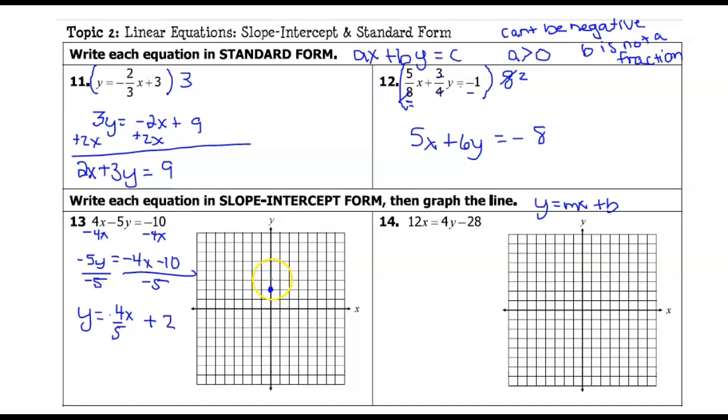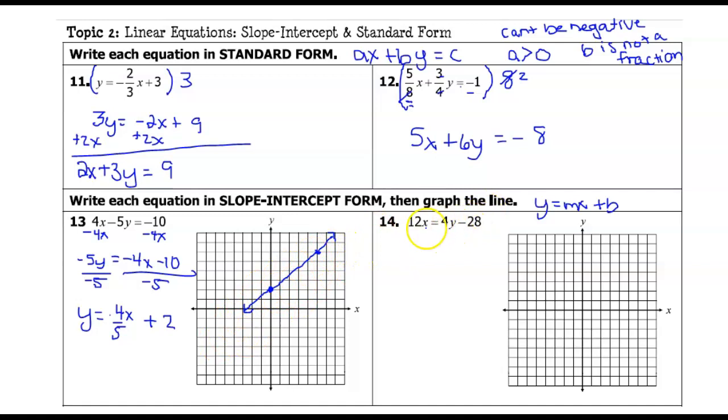I rise up 4: 1, 2, 3, 4, and I go over 5: 1, 2, 3, 4, 5. I need 2 points to graph a line. I have my 2 points. There's my line. All right, and it makes sense. My slope is positive, so it makes sense that my line is going up.